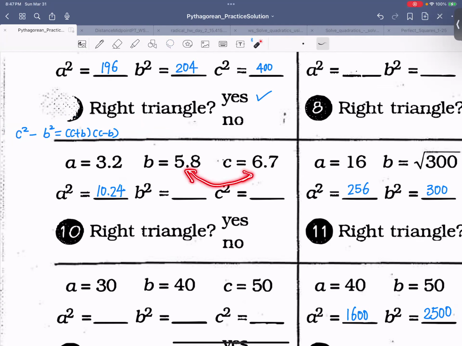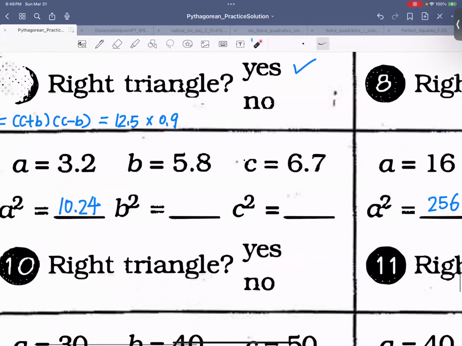This summation is 12.5. Their difference, this minus this is 0.9. Yes. 0.9.